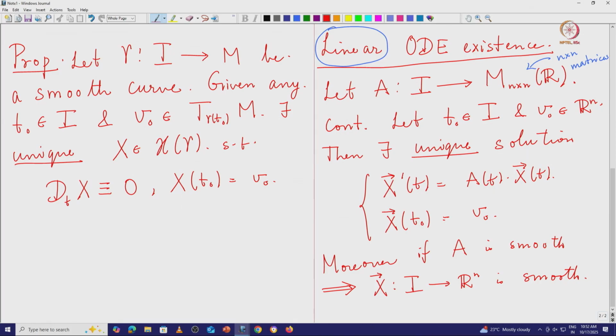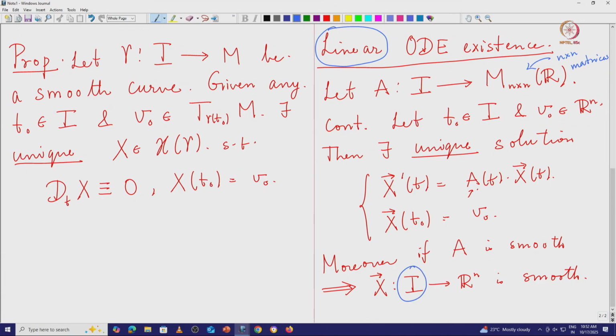Okay. So this theorem is proved in any first course on ODEs, and essentially this is a vector valued version of the standard method of integrating factor. So essentially you have to use the exponential of matrices and so on to solve this equation. But the key point is that because it's a linear ODE, there's a unique solution and the solution exists on the entire interval.